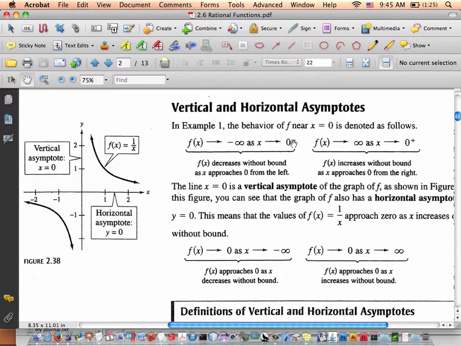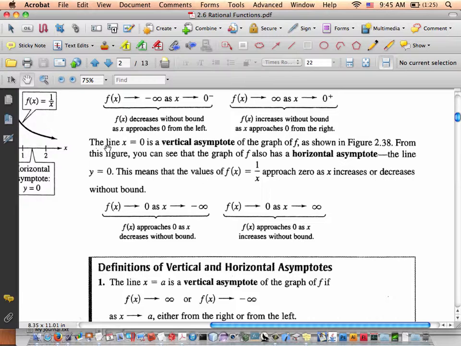Do you see this negative sign above the 0? This means from the left. It means you're approaching 0 from the left. And right here, do you see the positive sign? That means approaching 0 from the right. So the function goes to positive infinity as x goes to 0 from the right. That's what this notation means.